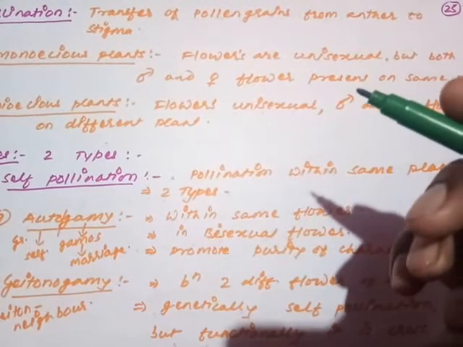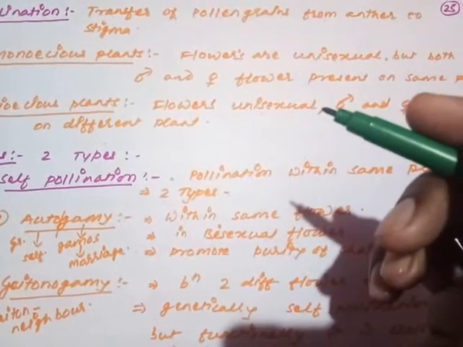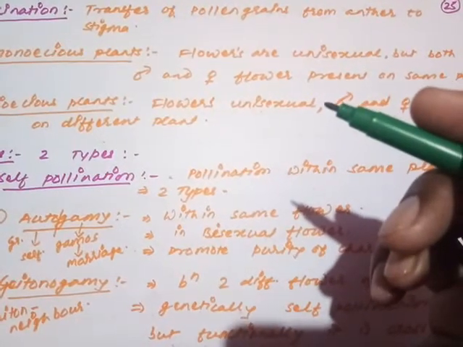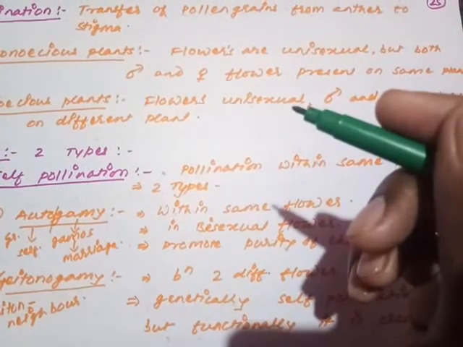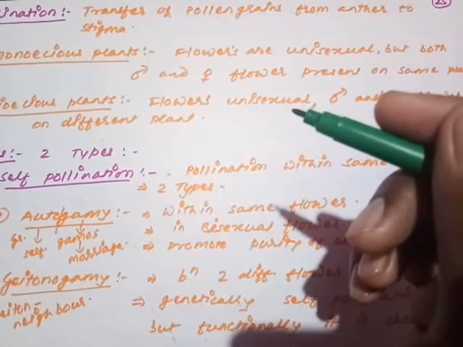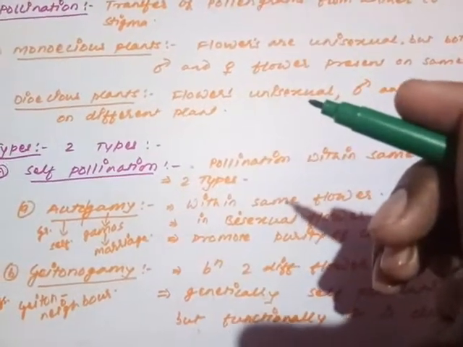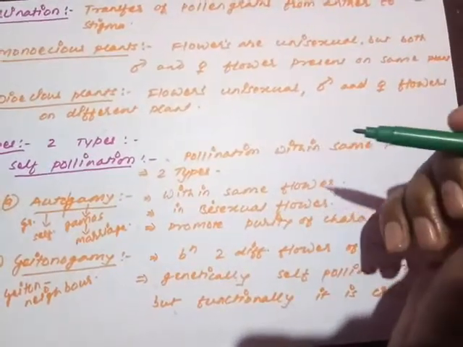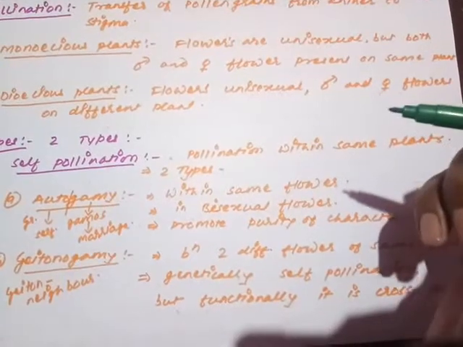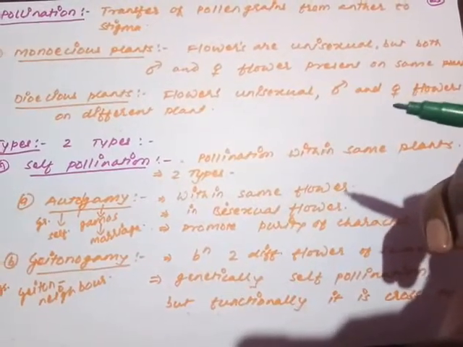The flowers are not bisexual, they are unisexual. Each flower has only one particular type of sex organ, but both types of flowers are present on the same plant. In a dioecious plant, once again the flowers are unisexual, and male and female flowers are present on two different plants. Are you getting my point?